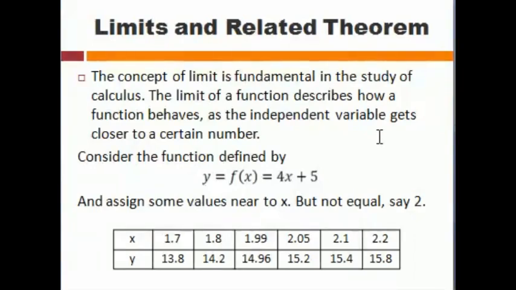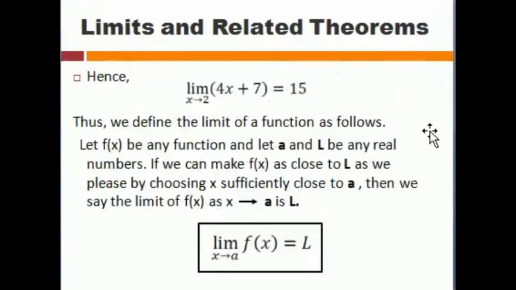When x, again the independent variable, is equal to 1.8, y is now equal to 14.2. Substituting 1.99, y is 14.96. When x is 2.05, y is 15.2. And when x is 2.1, y is 15.4. And finally, when x is 2.2, y is 15.8.